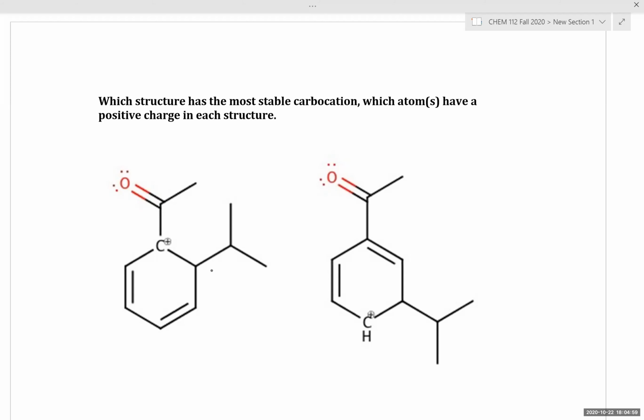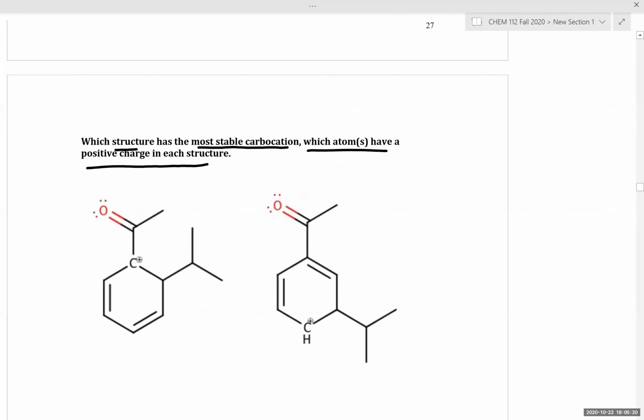Now, utilizing what we've learned about resonance effects, inductive effects, and atom effects, I'd like you to tell me which structure has the most stable carbocation. To help you think through this example, I'd like you to think about which atoms have a positive charge in each structure.